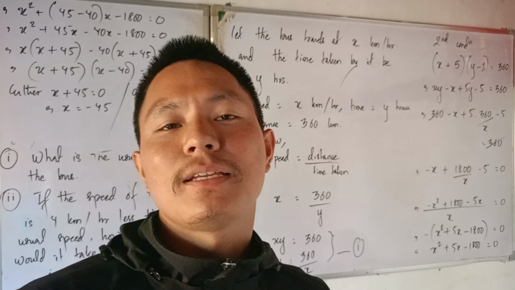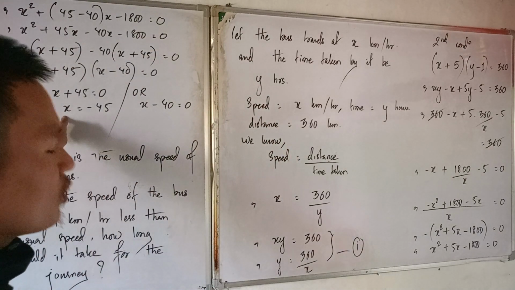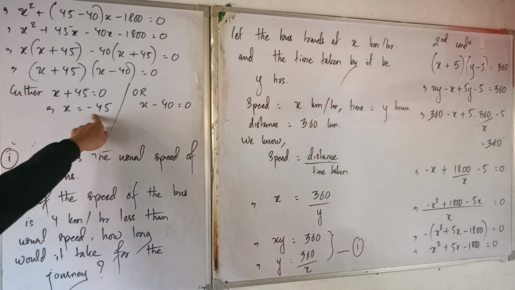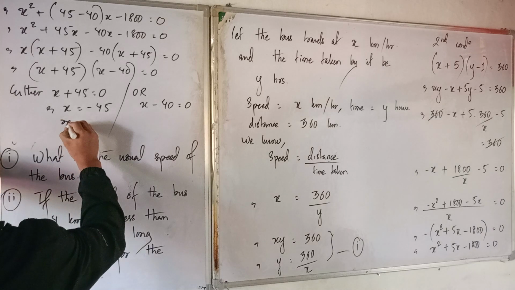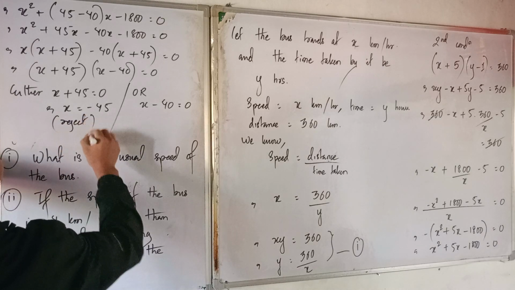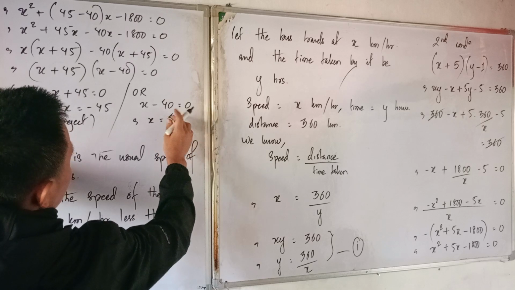So if the value comes in a negative sign in case of speed, x denotes the speed, you just reject this. So we will accept only x equals 40.